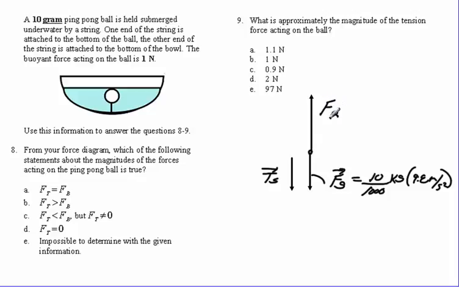Okay, the question says, from your force diagram, which of the following statements about the magnitude of the forces acting on the ping pong ball is true? Well, let's look and see what we got here. Well, okay, we're talking about buoyant forces. We know right now that this guy is going to be the largest force because it's going to be the sum of these two.